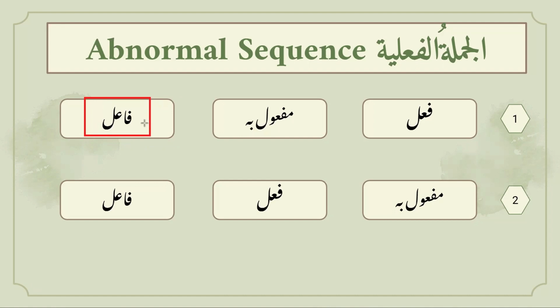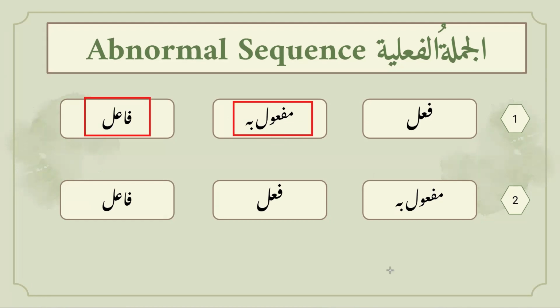If an ism zahir maf'ul bihi is coming before the fa'il, the doer, then this is abnormal. But if a zamir muttasil is attached to the verb as maf'ul bihi, then that is a normal structure. But if maf'ul bihi is another ism, like someone's name, an ism zahir, then this is abnormal.